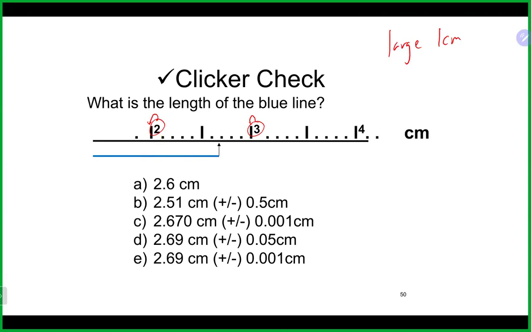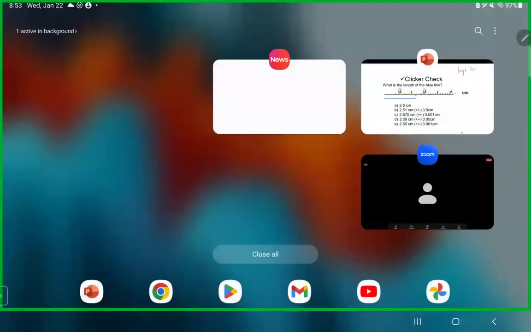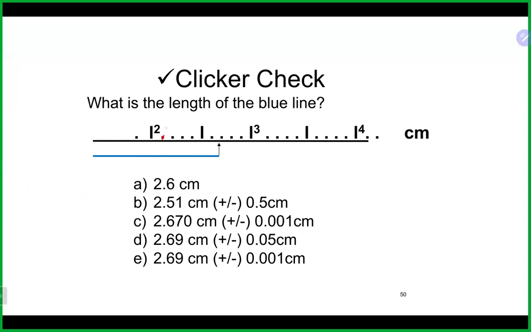So in this case, we would start here, 1, 2, 3, 4, 5, 6, 7, 8, 9, and oops, let me try that again. Try not to undo it again. So we got 1, 2, 3, 4, 5, 6, 7, 8, 9, and 10.